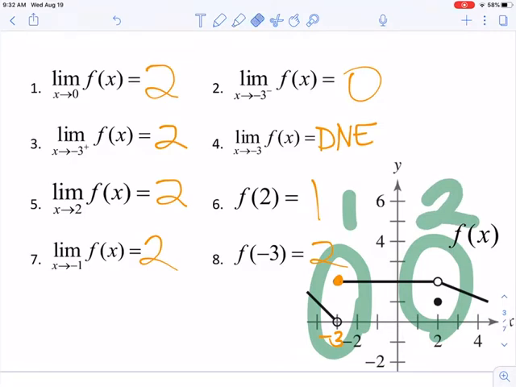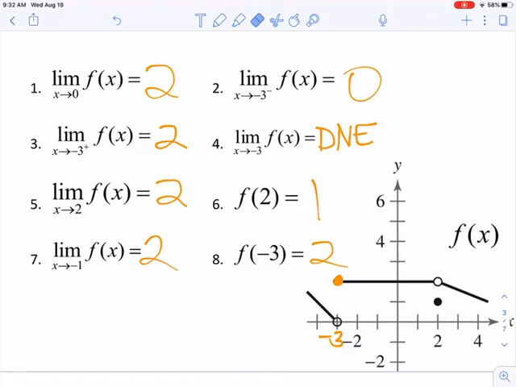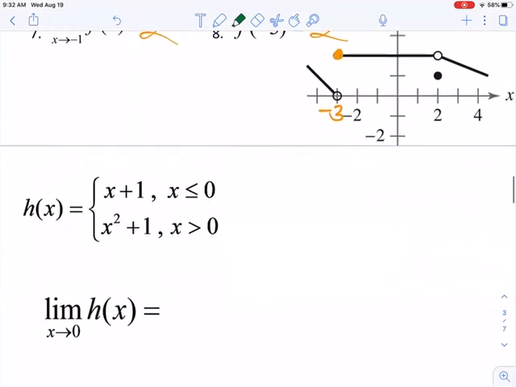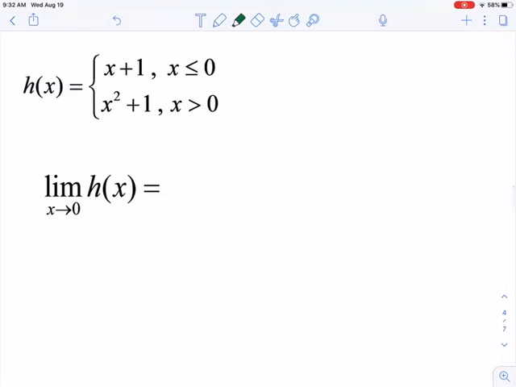Place number 1, the limit did not exist, but place number 2, the limit did exist. So with our piecewise functions, we need to be careful. Do they match up like they did here, or do they create a jump like they do here? That's what we're going to need to be able to do analytically.